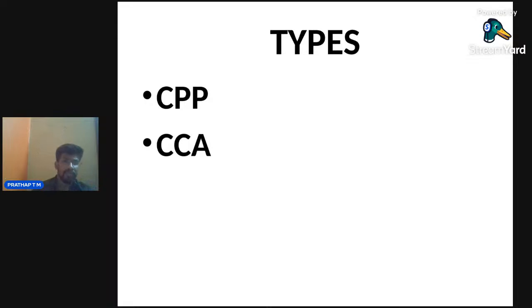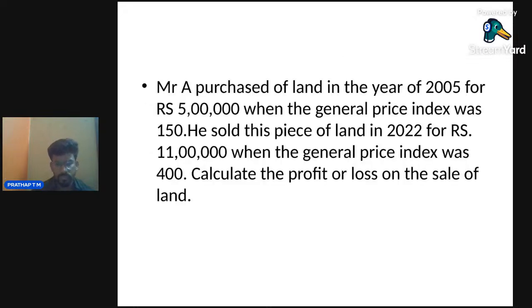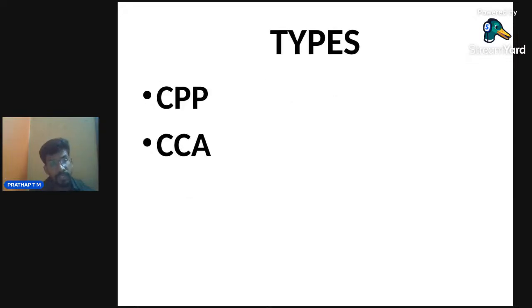What are the types of inflation accounting methods which we use? That is CPP, the current purchasing power method, and CCA, the current cost accounting method. These are the two methods which we use for adjusting the inflation value in a financial statement.